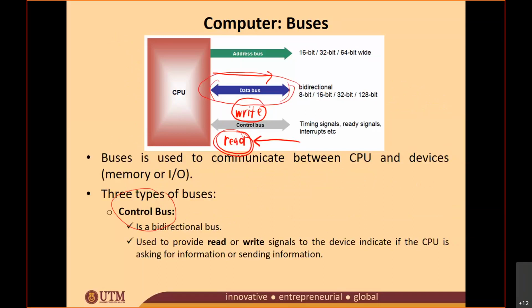Dia akan menggunakan data bus untuk move that data from input output or memory to the CPU. If the control bus says now write the data, the CPU knows that we're going to send out the data from CPU to input output or memory. Macam mana nak buat? By using the data bus to send out that data.